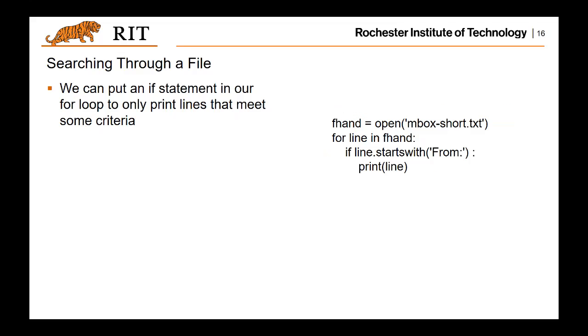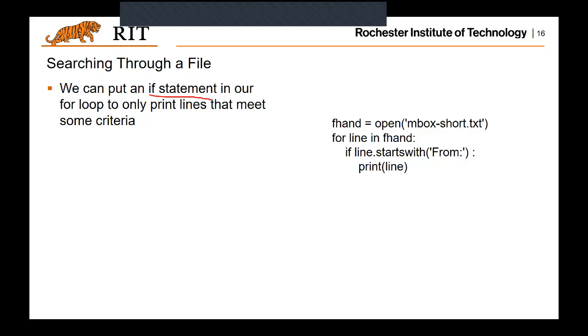First thing is searching through a file. Once you have the handle obtained by calling the open function, you could easily loop through each of the lines. Of course, you could also do a search when accessing each of the lines. Basically, you can set up an if statement inside the for loop. First thing first, open the file mbox-short.txt, then loop through the sequence and access each line.